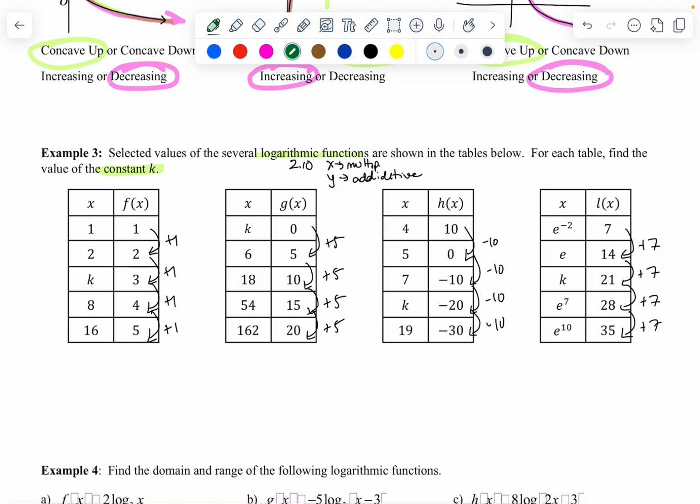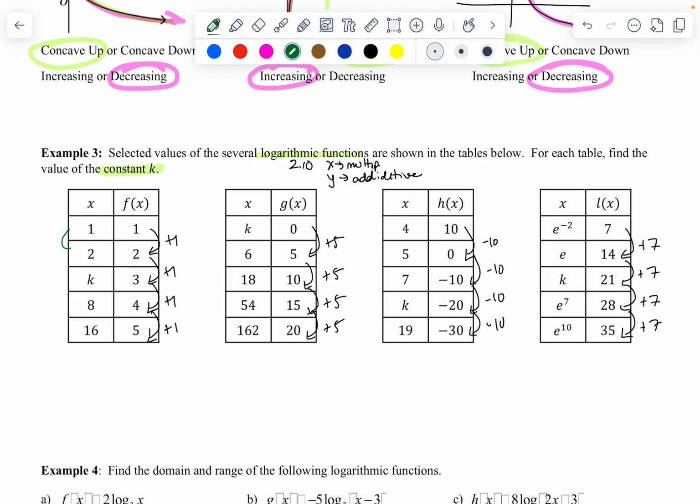But in this function, there is going to be a transformation. So looking at these functions, hopefully you see that the x values are powers of 2. Okay?